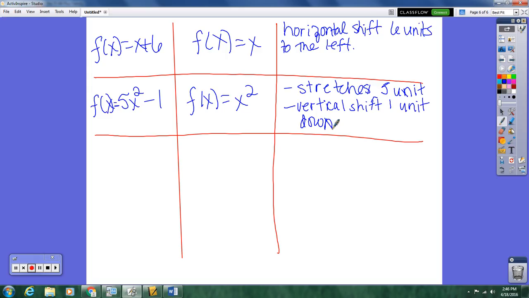Alright, the next one says f of x equals negative x squared. So take away all the numbers, all the negatives, whatever. What is that parent function?